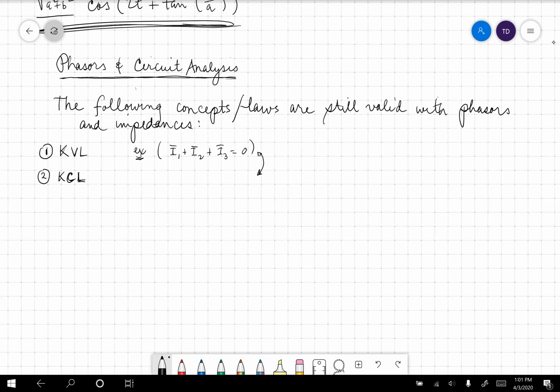V1 phasor plus V2 phasor equals 0. Those would be examples. KVL and KCL, they still hold. Ohm's law, still: V equals I times Z. That's the only change. It's not R, it's I times Z.